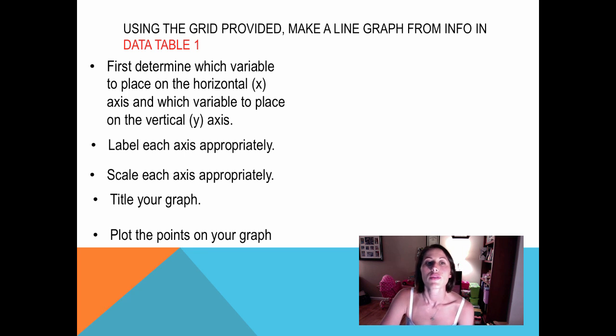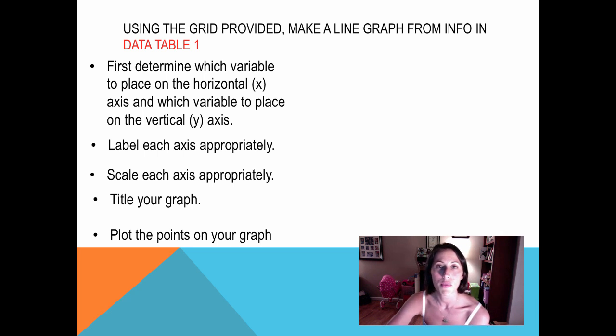So the first time, using the grid provided, make a line graph from the information on data table 1, and that was the plant growth data table that you just made. So your instructions are, first determine which variable to place on the horizontal x-axis that goes along the bottom, and which variable to place on the vertical y-axis that goes on the side. Make sure you label each axis.